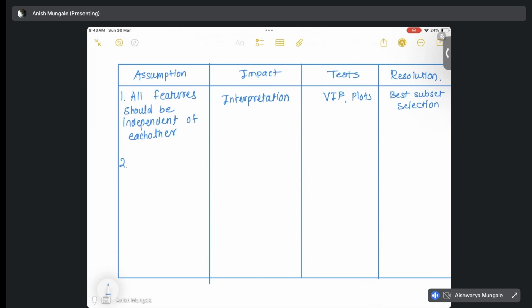Then what was the second assumption? Correct. Features and errors should be independent. So the problem was with the prediction or interpretation? Prediction. Correct.